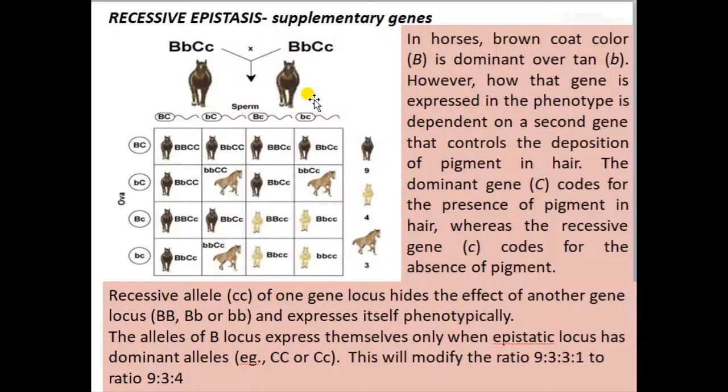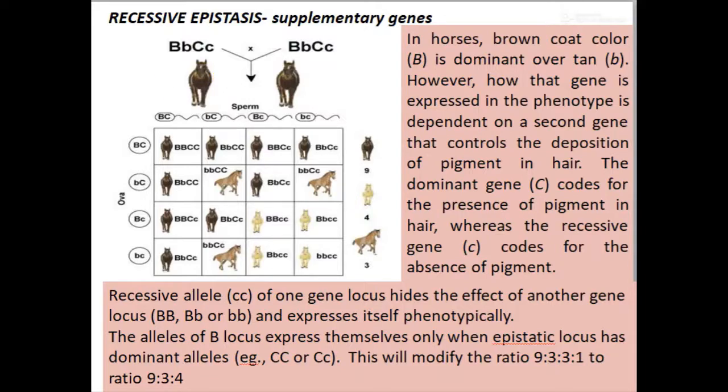So we learned about recessive epistasis, in which the small letter c is controlling the expression of another gene called B, which is responsible for the coat color. And we also have a case of supplementary genes, where capital letter B as well as capital letter C interact with each other and produce a particular phenotype.